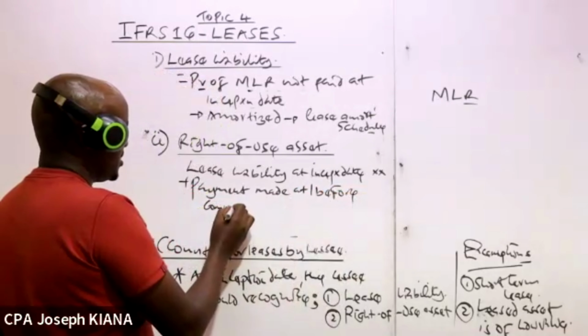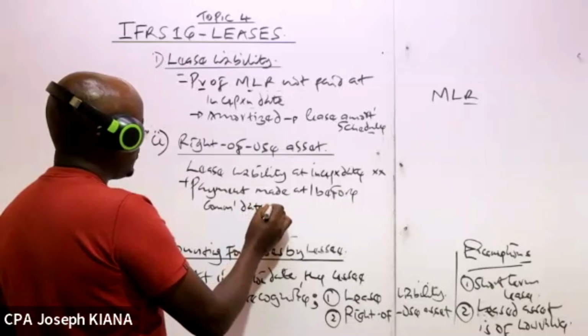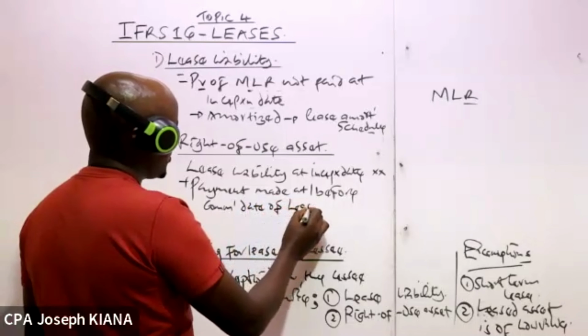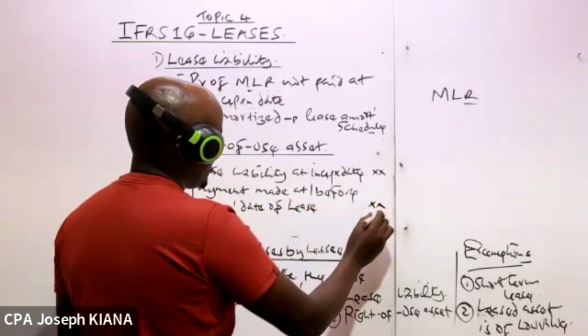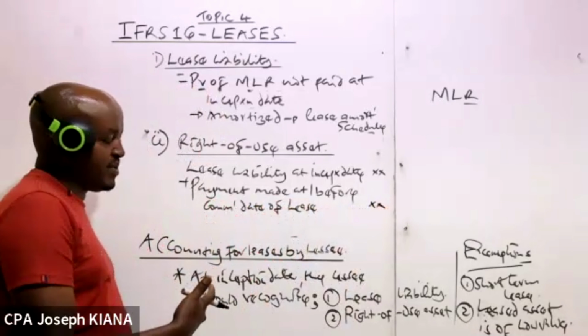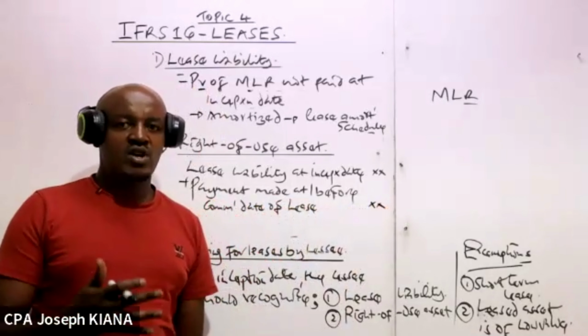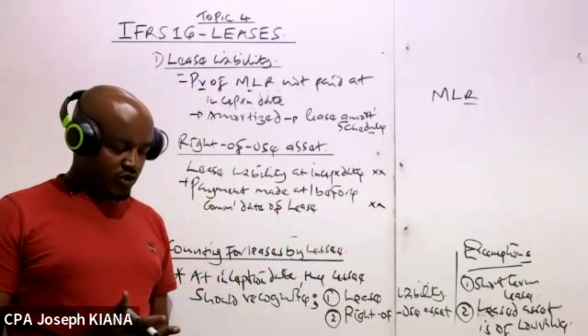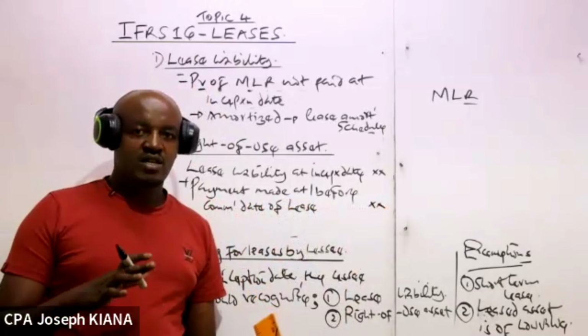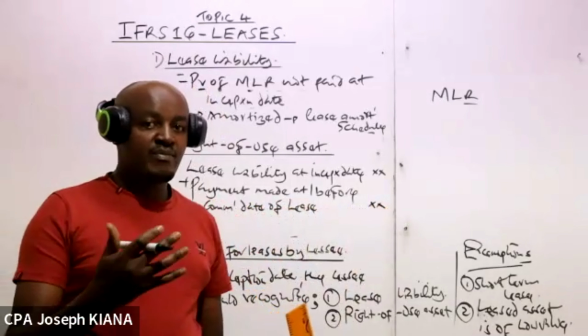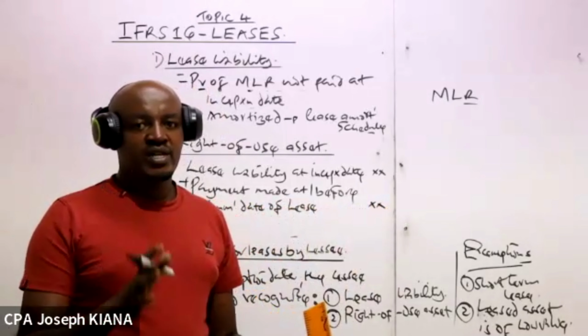the commencement date of the lease. Usually, when we talk about the payment made before or at the commencement date of the lease, this is maybe the rent or the minimum lease rentals which was paid when the lease commenced.